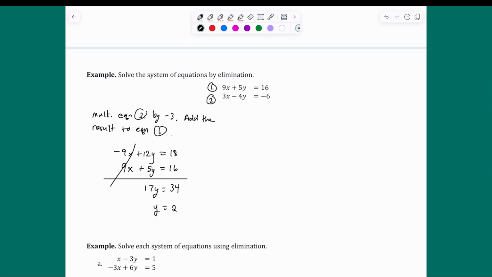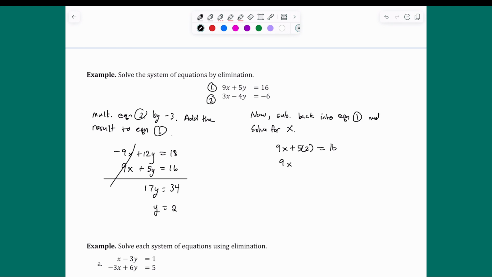All right, now we're going to sub back into equation, say 1, and solve for x. All right, so we have 9x plus 5y, but y is 2, so we're going to substitute, equals 16.